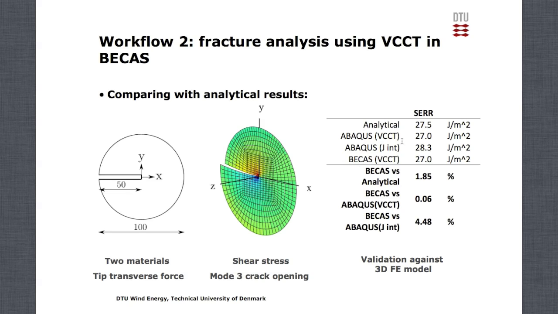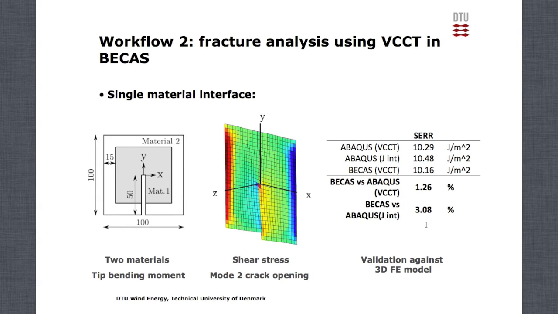What we compare here is the analytical value, the Abaqus value calculated using VCCT, the Abaqus value calculated using the J integral, and the BECAS value. You can see there's a very good comparison between BECAS and the analytical result, and very good comparison between BECAS and Abaqus, and BECAS and the J integral in Abaqus.